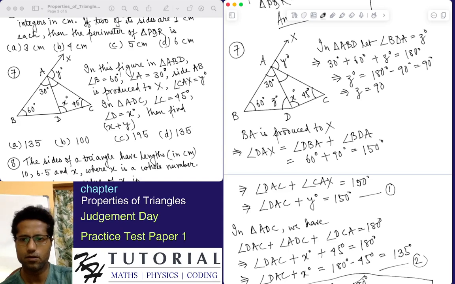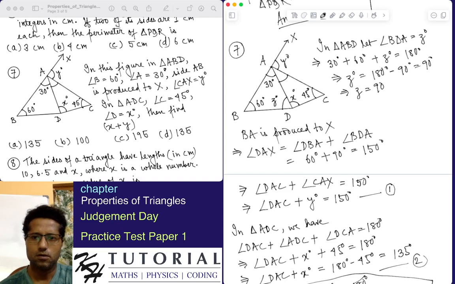Even then, we cannot say for sure that BDC are collinear points. So if somehow we know that BDC are collinear points, that is they lie on the same line, then I can consider that Z and X are a linear pair of angles, and from that I can find X.